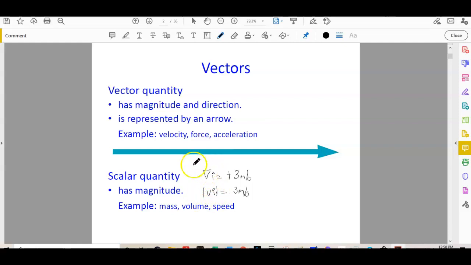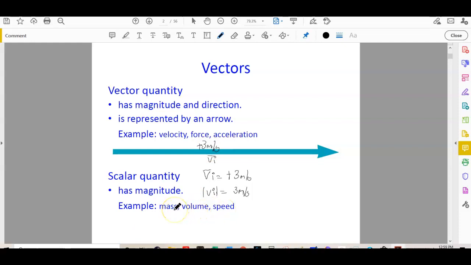The absolute value is what describes the magnitude. Now let's say this is the initial velocity vector of 3 meters per second, and it's positive, so it would be pointed to the right. Now it has a magnitude of 3 meters per second, but the positive also indicates the direction. Things that aren't vectors are things like mass, volume, speed, density.